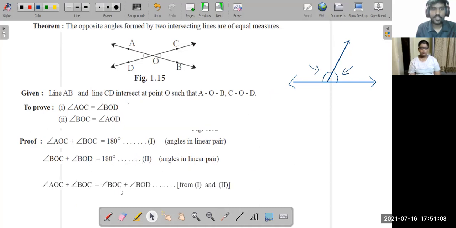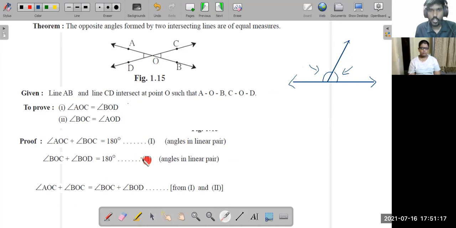Now, next, this is taken as equation 1 and this is taken as equation 2. On the right hand side of equation 1 we have 180 degrees, and on the right hand side of equation 2 also 180 degrees. So in both the equations, the right hand sides are equal, so you just equate the left hand sides. If these two are equal to each other, these two also should be equal.